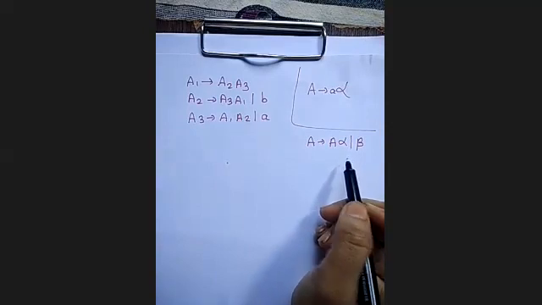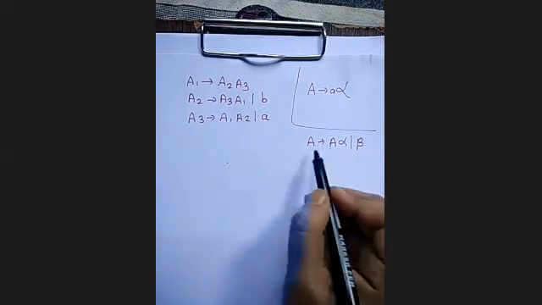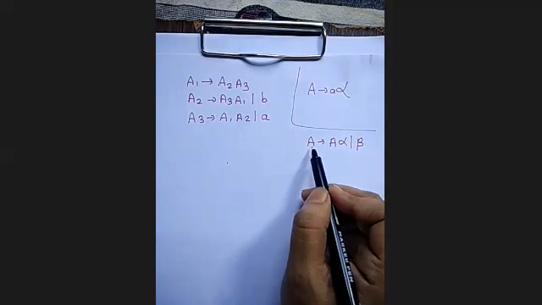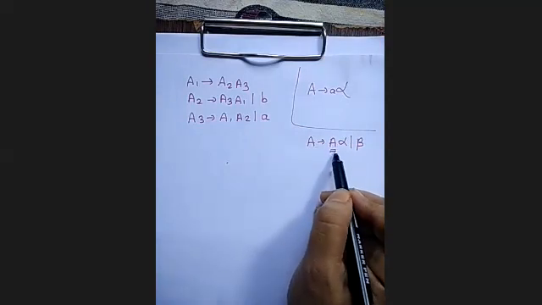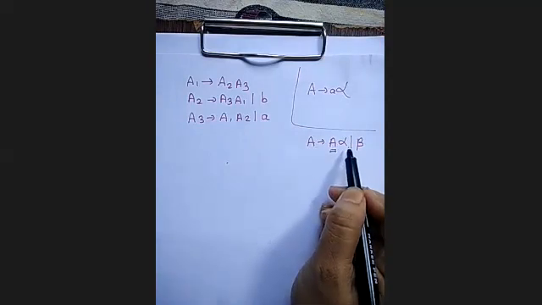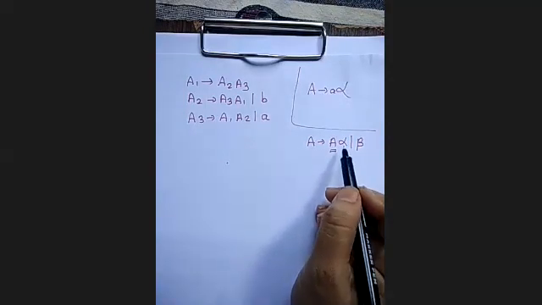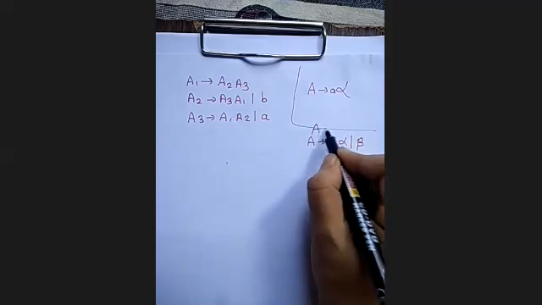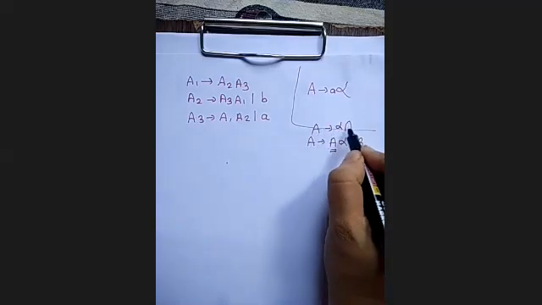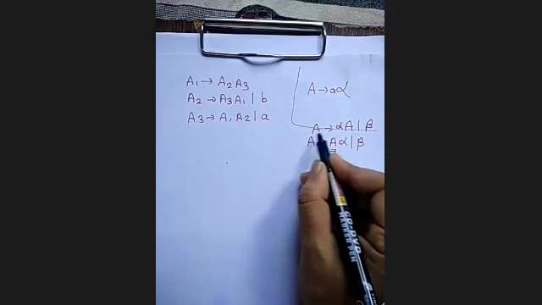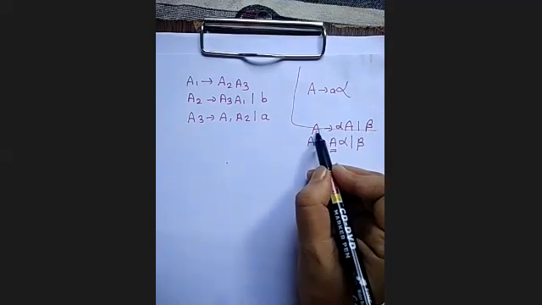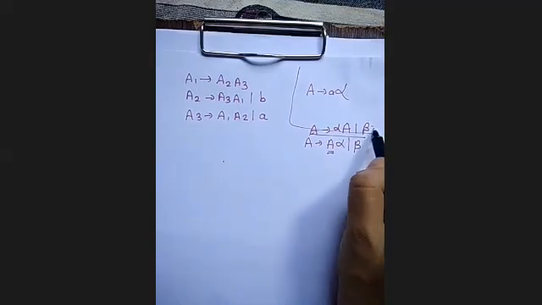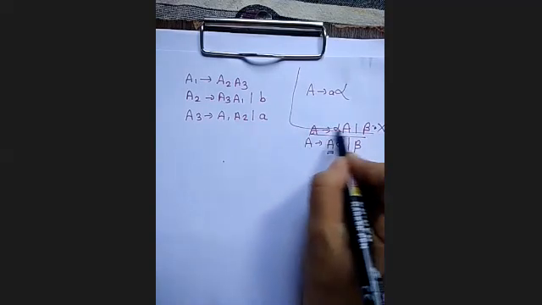Left recursive means we are repeating recursively. Here you can see the symbol on the left hand side appears as the leftmost symbol in some production on the right hand side. Then it is left recursive. Similarly, for right recursive, the symbol on the left hand side appears as the rightmost symbol in some production. But we are not interested in this, so I will not explain it.